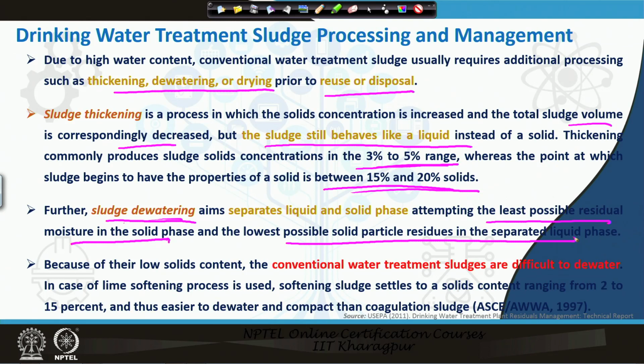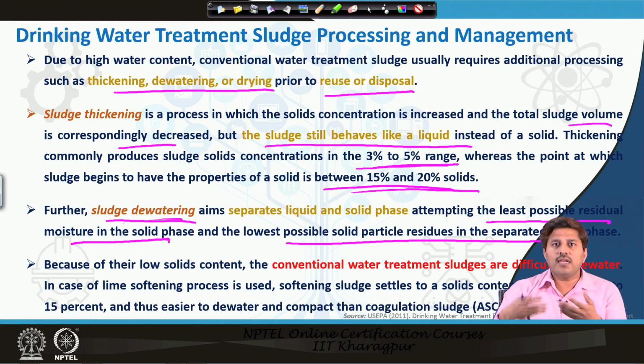So, when we are separating the liquid and solid, we want minimum solid to go in the liquid channel and minimum liquid to come in the solid. The moisture content in the solid we want low, and the solid content in the drainage coming out we also want to be minimum.